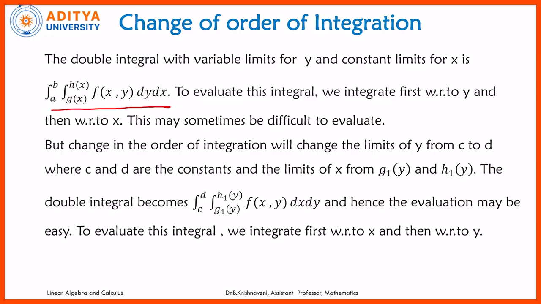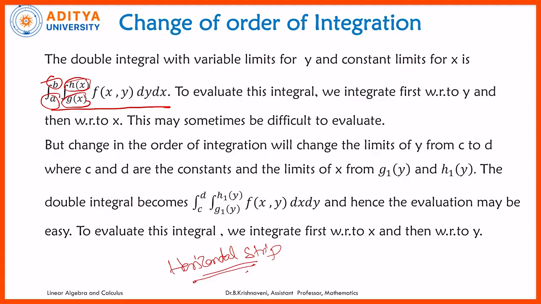First of all, you have to draw the region of integration bounded by these two curves and the lines. In that region, since it is dy dx, in order to change the order of integration to dx dy, we need to consider a horizontal strip. If we consider a horizontal strip, then we will get x limits in variables and y limits constants.